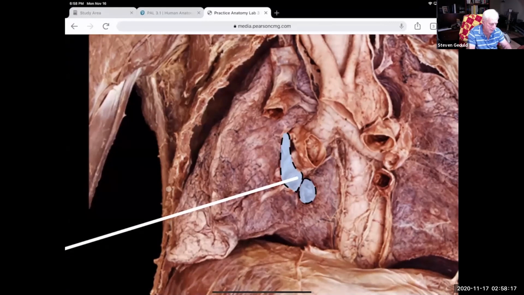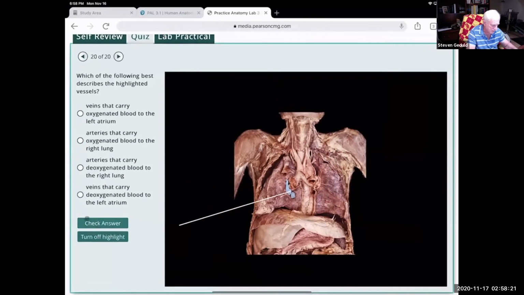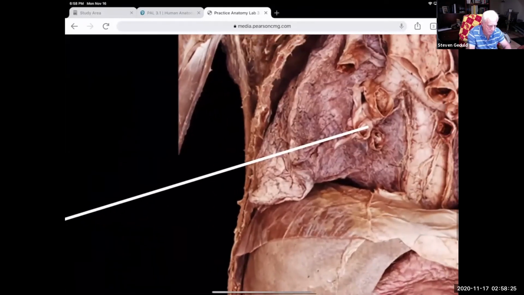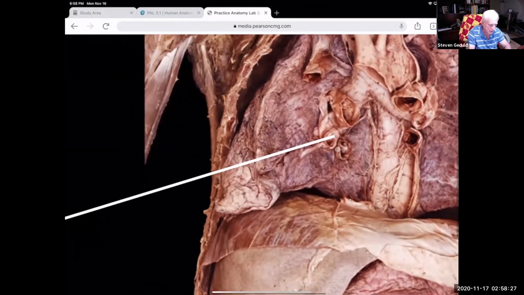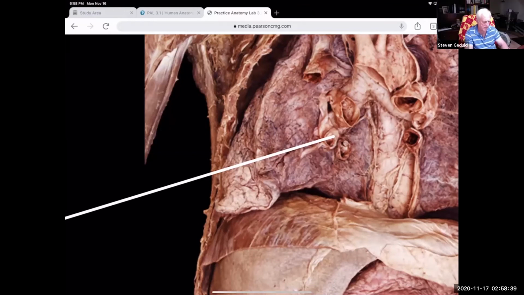Let me turn the highlight off. It's hard to tell sometimes in these dissections. That looks like a cartilage ring right here. I'd say that's a bronchial tube. Maybe. Is the right pulmonary vein an option? I can't see now that it's zoomed in. It's hard to tell what they are.